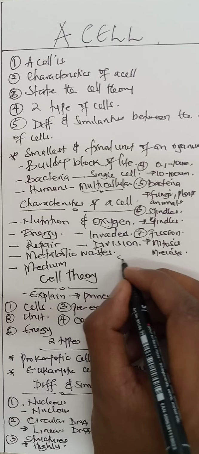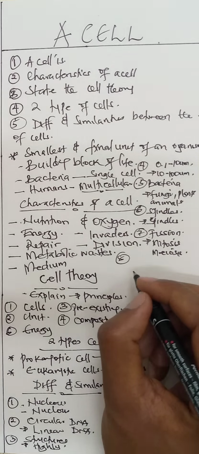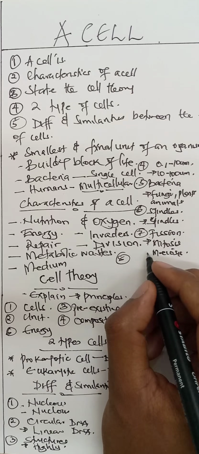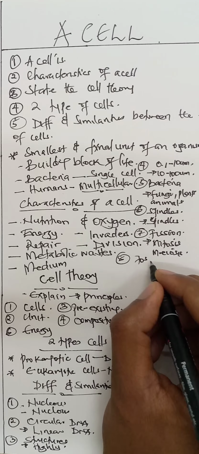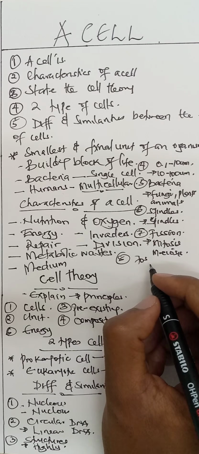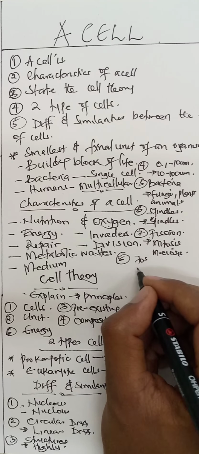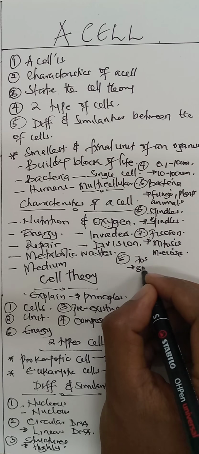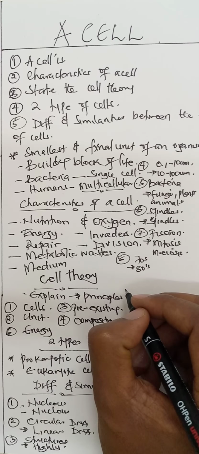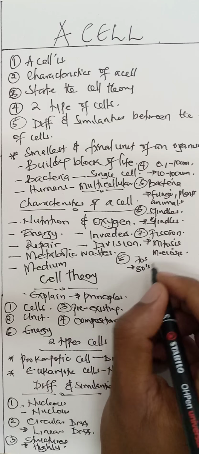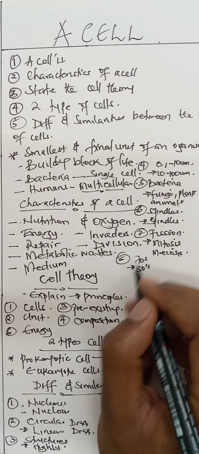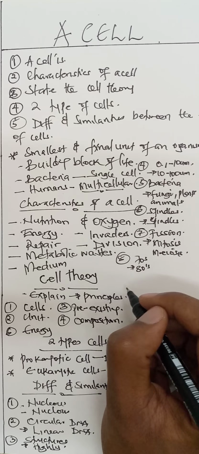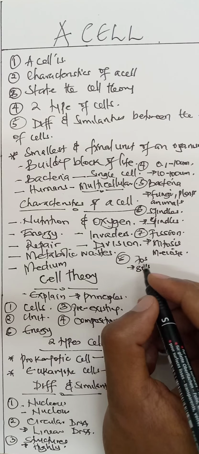Still, the other difference is that prokaryotes' ribosomes are 70 S, of 2 subunits of 50 and 30 S, while eukaryotes' ribosomes are 80 S, of 2 subunits of 60 and 40. We shall explain that in our subsequent presentations.